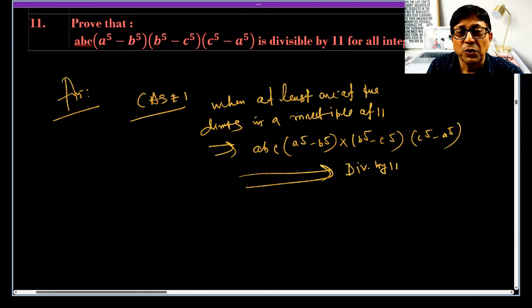You agree or not? When one of them is divisible by 11, this product has to be divisible by 11, isn't it?